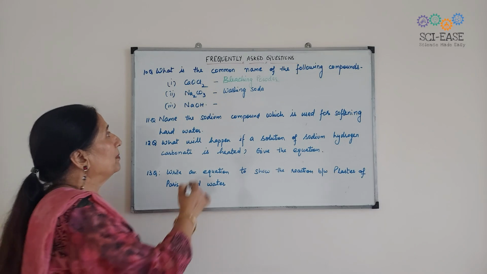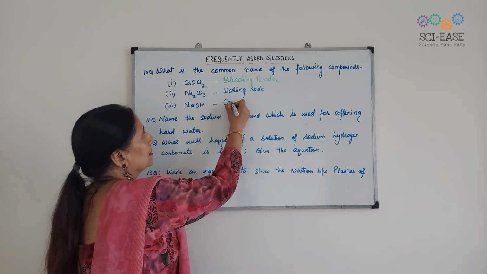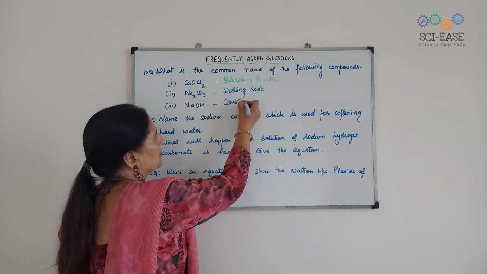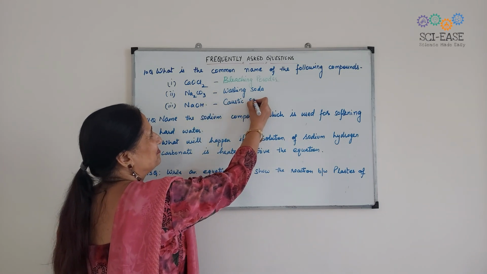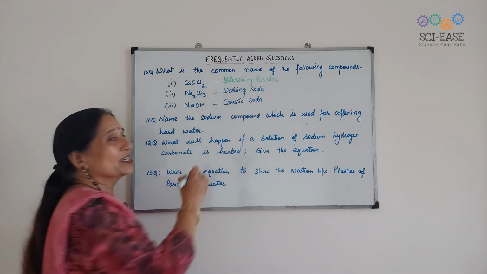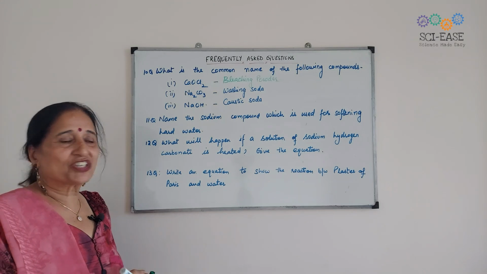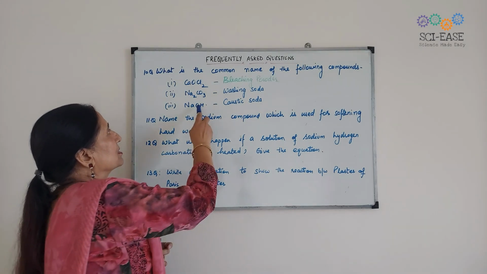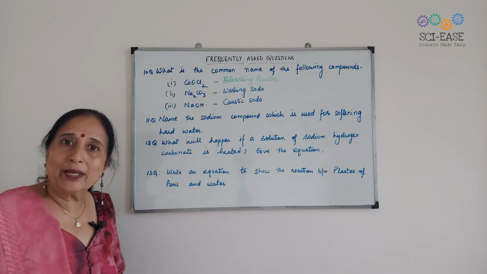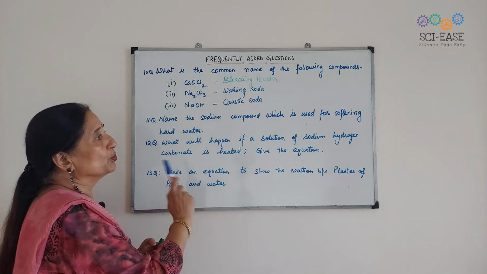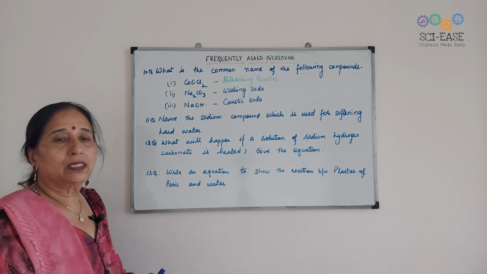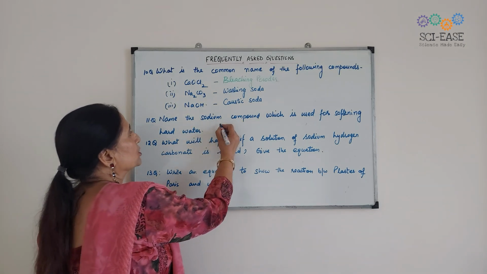NaOH, common name is caustic soda. Caustic potash is KOH. And its chemical name is potassium hydroxide. Name the compound which is used for softening hard water. This is washing soda.